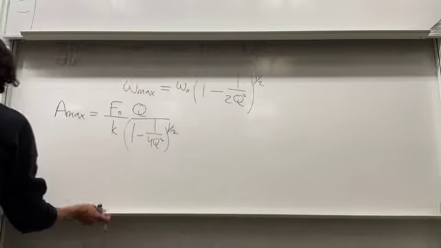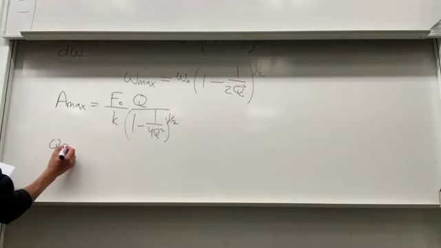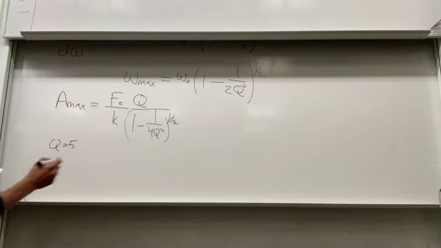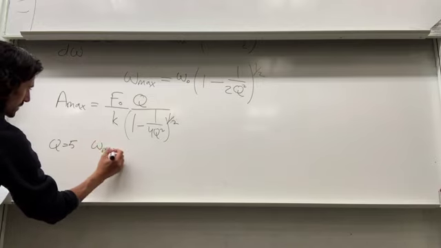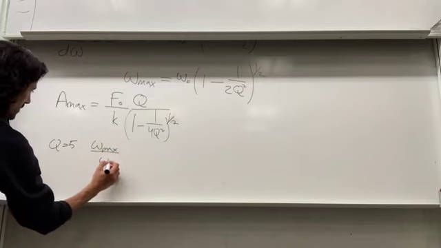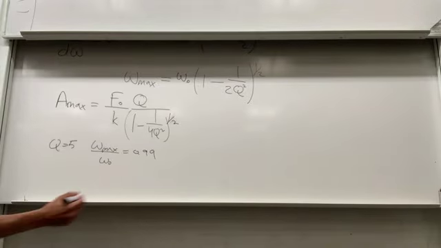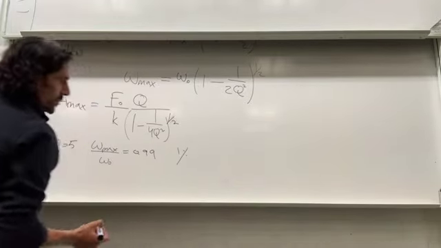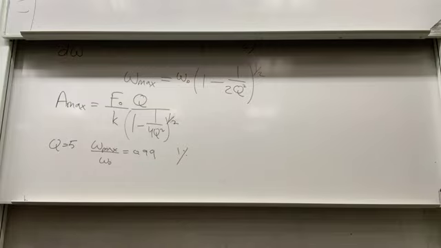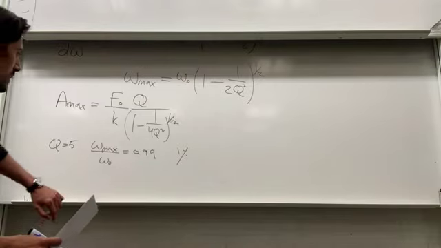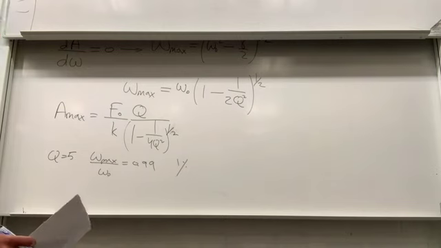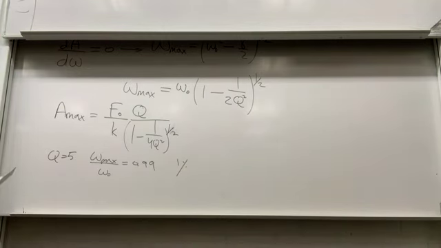So if Q is 5, then omega max over omega 0 is 0.99. So it's less than 1% difference. It's very close to the natural frequency, but it's not there.